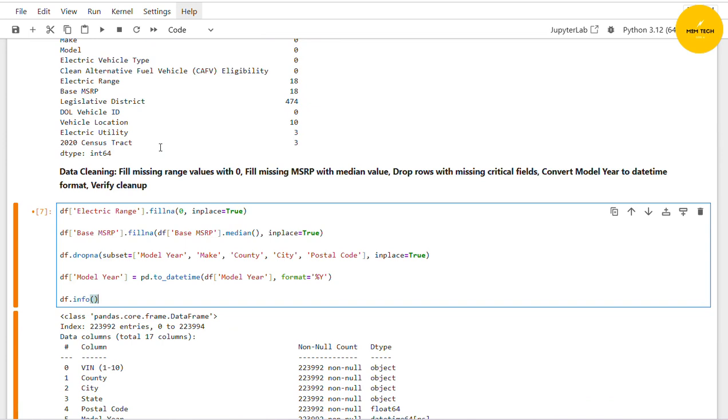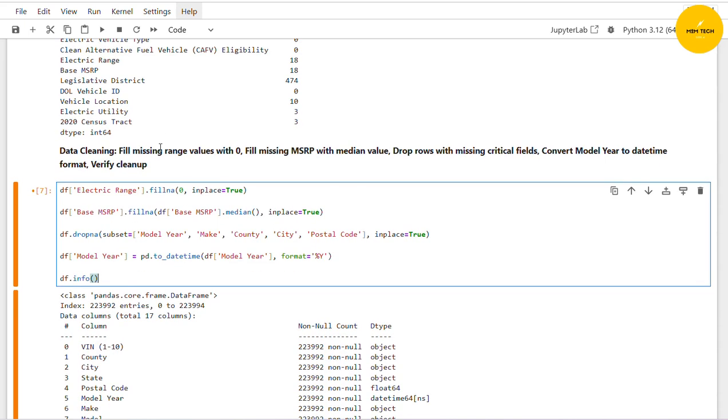Missing values in the base MSRP column are filled with the median value of the column to maintain data integrity, and rows with missing values in critical columns like model year, make, county, city, and postal code are dropped using df.dropna.